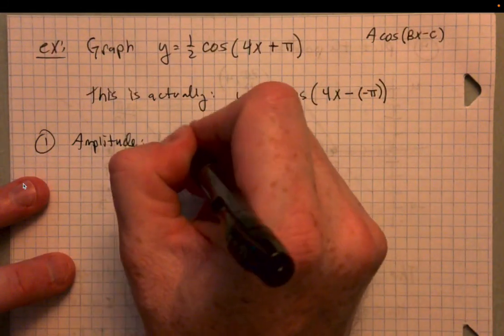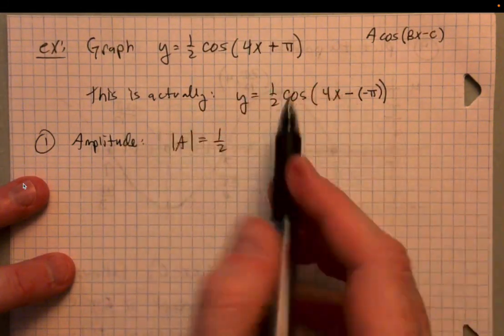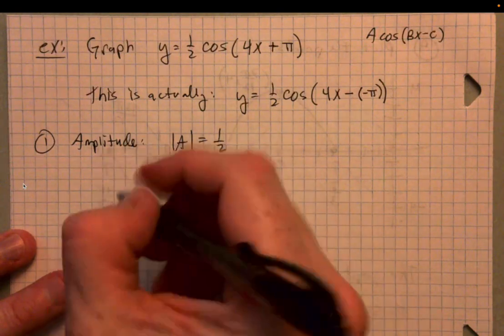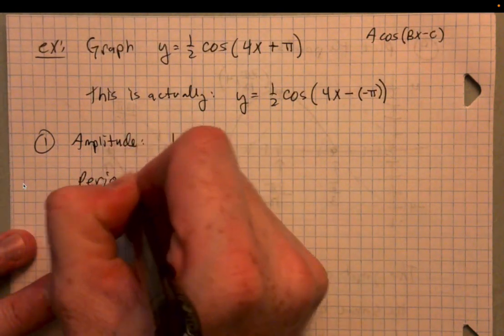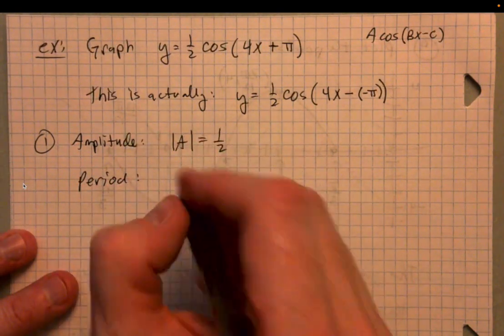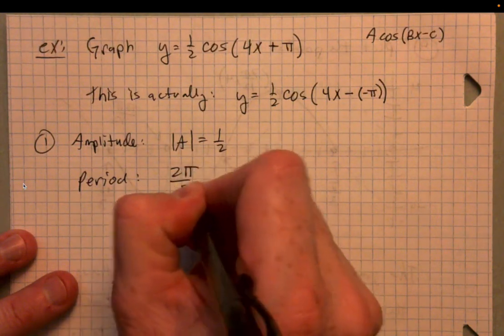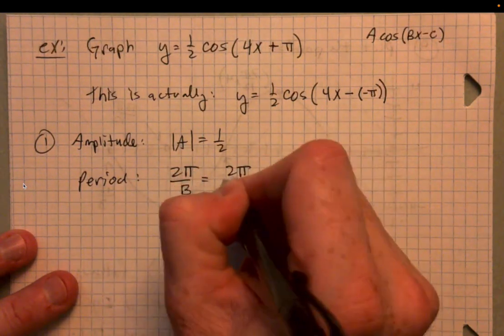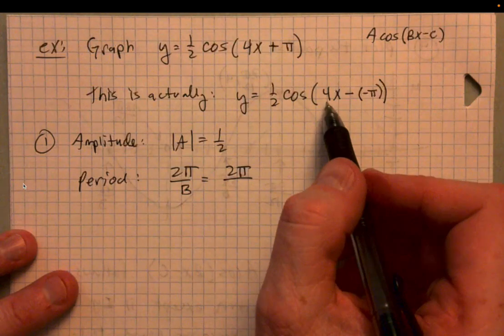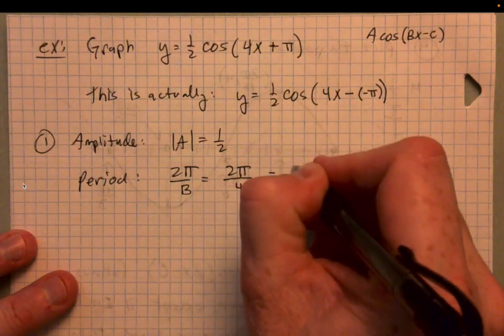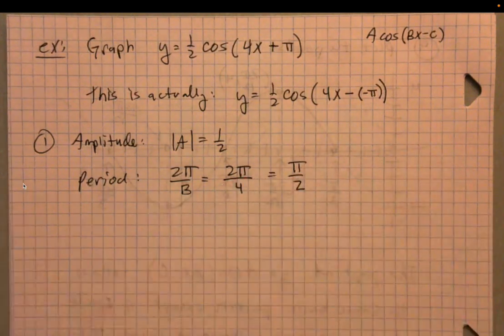Okay, so step 1 is the amplitude. So a is equal to 1/2, no problem. What about the period? Well, the period is 2 pi over b, so that's 2 pi over, in this case, 4. So the period here is pi over 2. Right, so this is a much shorter period.